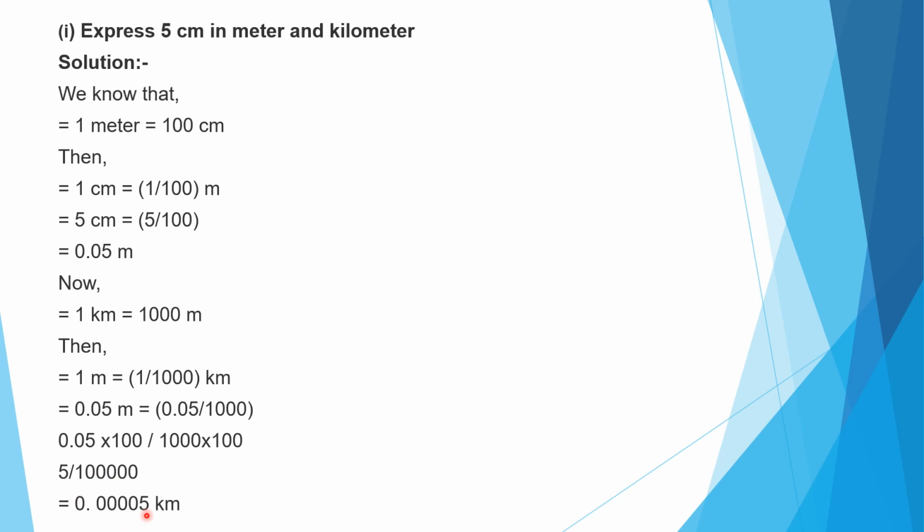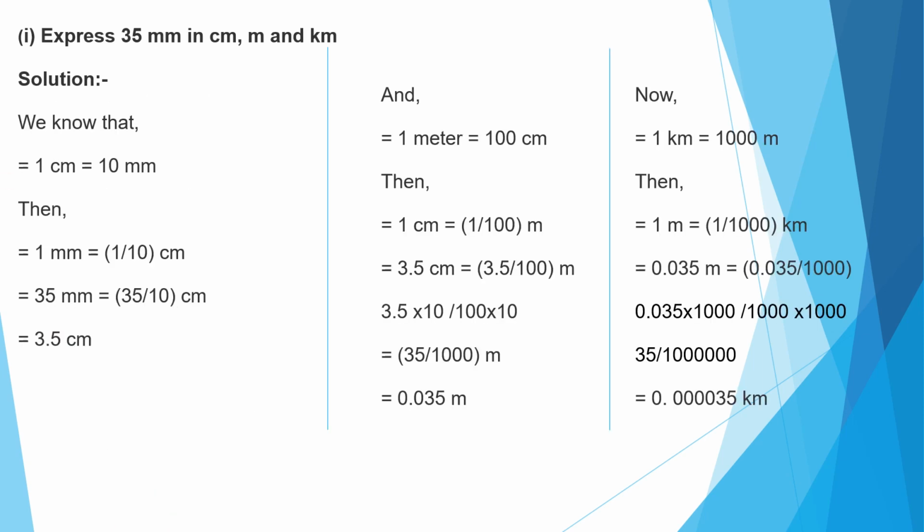One digit is there, that is 5, and remaining zeros we have to put: 0, 0, 0, 0 and 5. So 5 digits are over. So answer is 0.00005 kilometer. So 5 centimeter in meter is 0.05 meter and 5 centimeter in kilometer is 0.00005 kilometer. Clear, children?